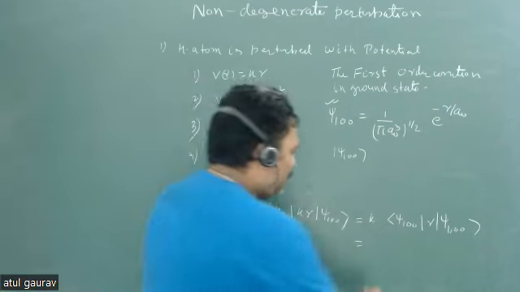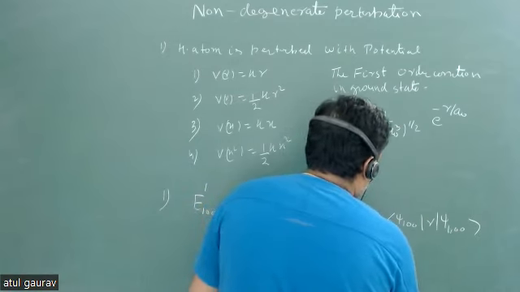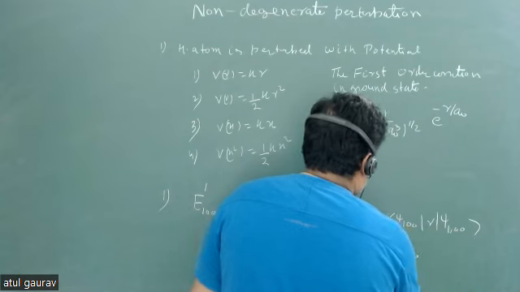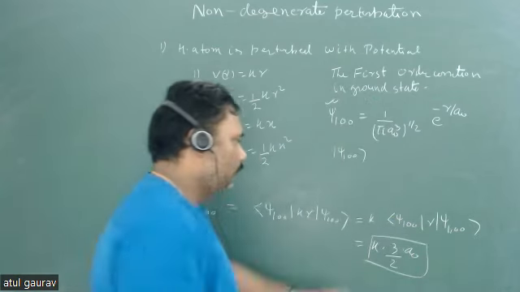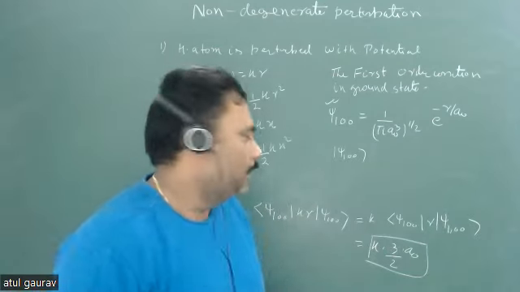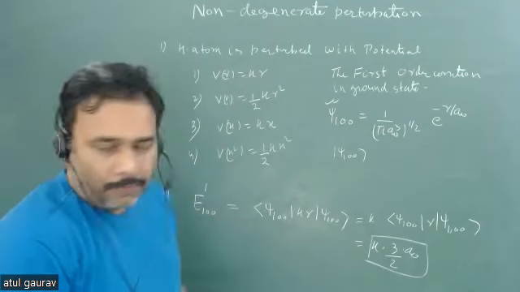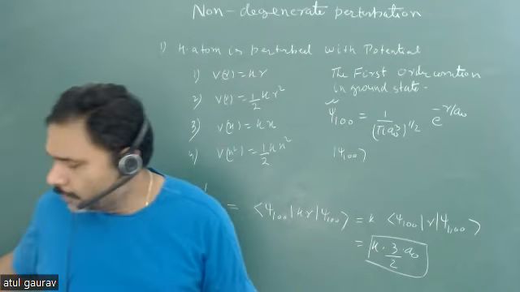Yes, that value is what? Very good. So this value is 3/2 a naught. So this is your perturbation, because we know that the average value of r in the ground state is 3/2 a naught.